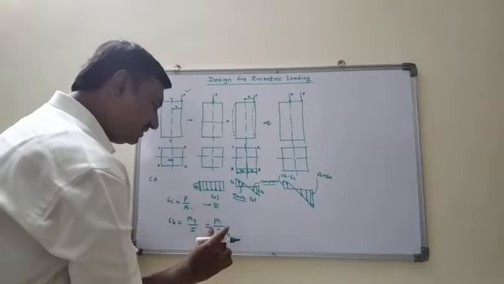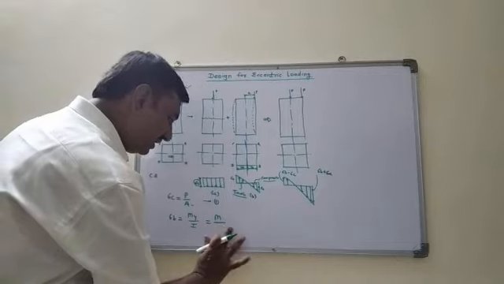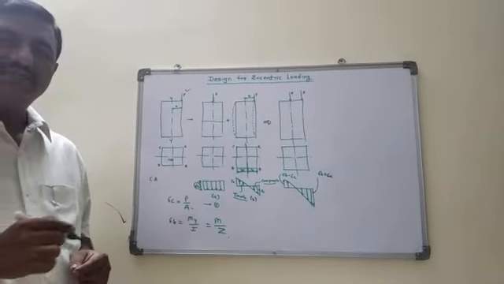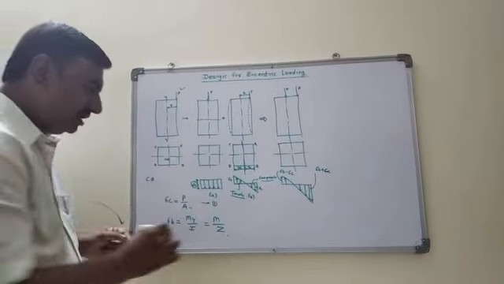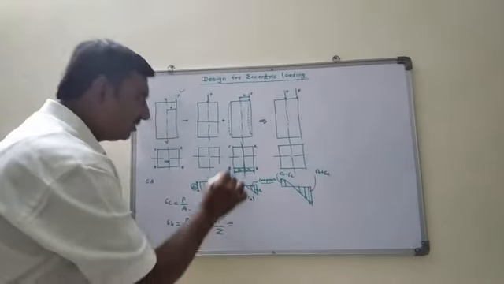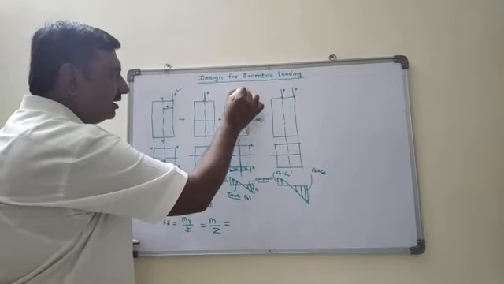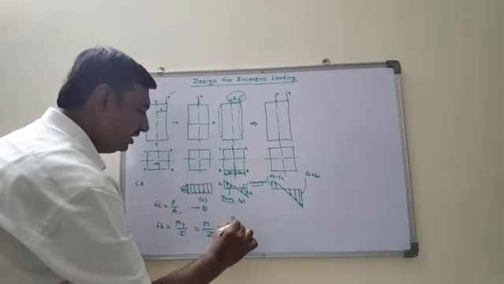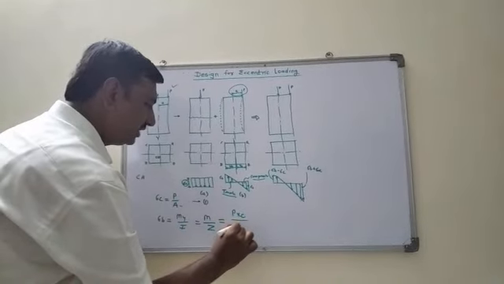So I by y is the section modulus, so we can write here M by Z, where Z is the section modulus. So here M can be calculated. So this is the couple. M is equal to P into e upon Z.